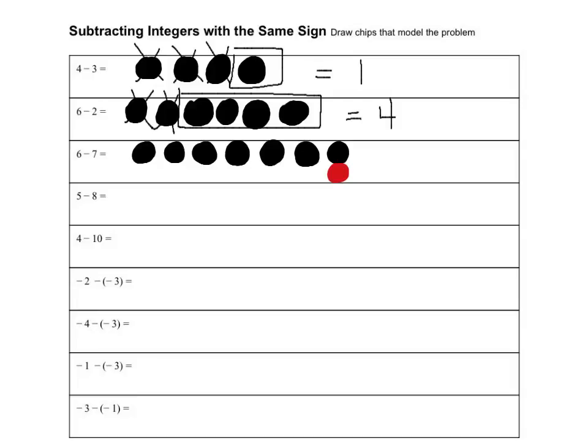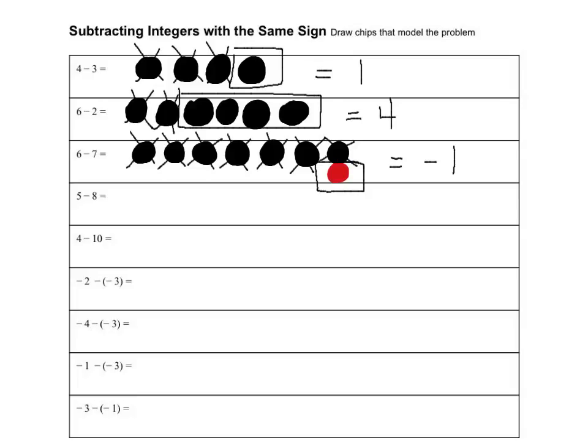Now I can go through and I can cross off 1, 2, 3, 4, 5, 6, 7. I have the ability now to cross off 7 black chips. The only thing that is not crossed off is a red, and there is one of them, so I have a negative 1, since red equals negative.